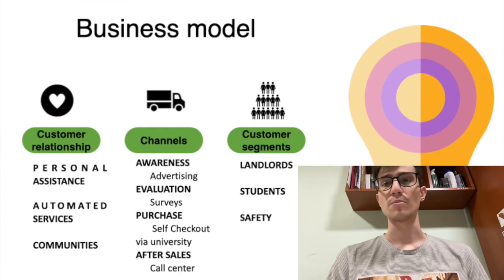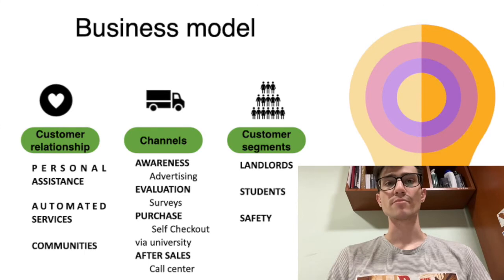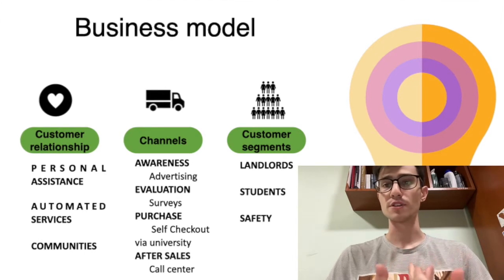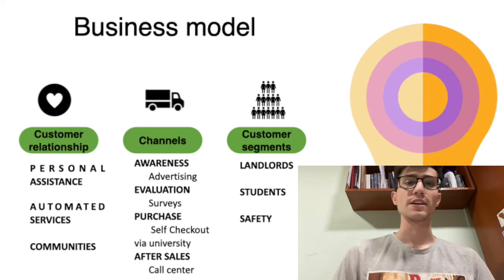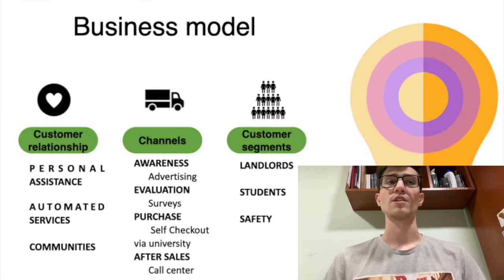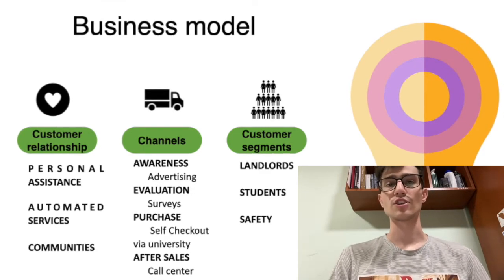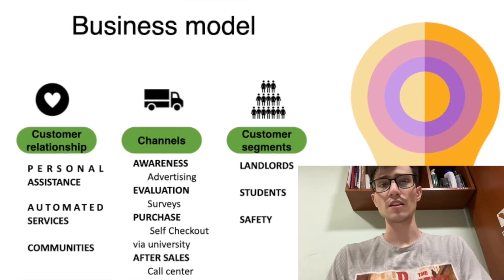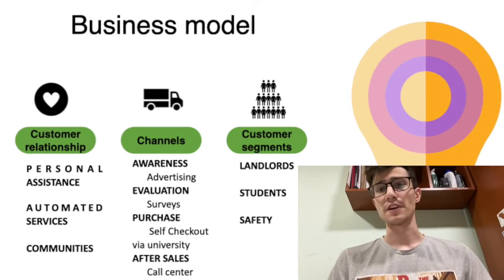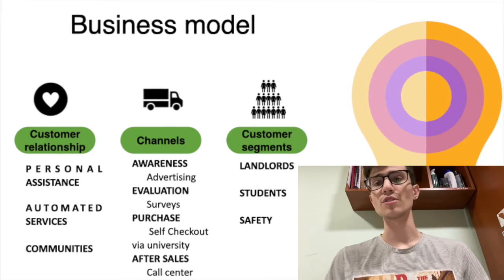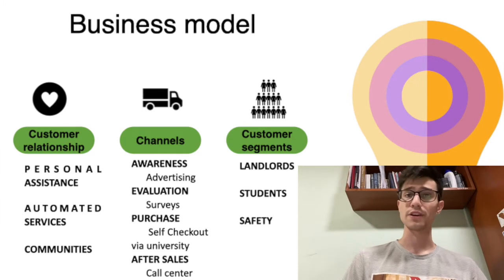After, for example, after matching, we try to survey the students in order to get feedback. Then it's purchase. The student can buy or make a transaction by himself via university accounts. And then after sales, there is a call center which can help students at any time, as I said earlier.